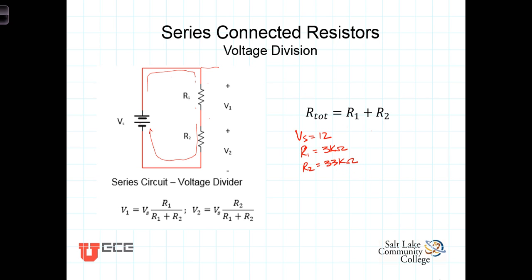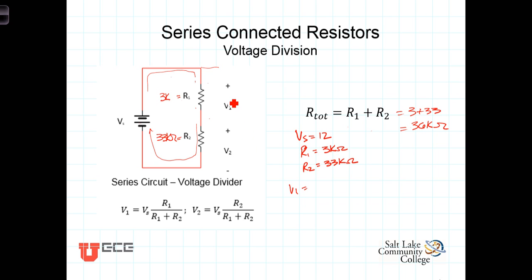From this voltage divider formula, we can then find V1, which is the voltage across R1. R1 of course is 3 kilo ohms and R2 is 33 kilo ohms, for a total of 36 kilo ohms. 3 plus 33 is equal to 36 kilo ohms.